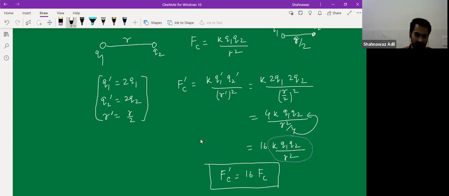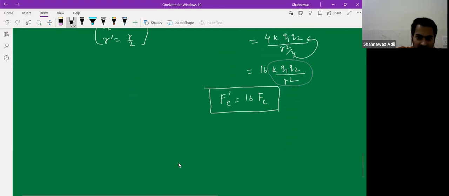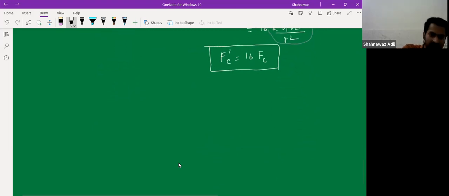Yes, sir, done. So in this part, Asha and Mariam, we learned about the Coulomb force when there was a charge Q1 and another charge Q2 placed around it. We learned about the force due to this one charge Q2.